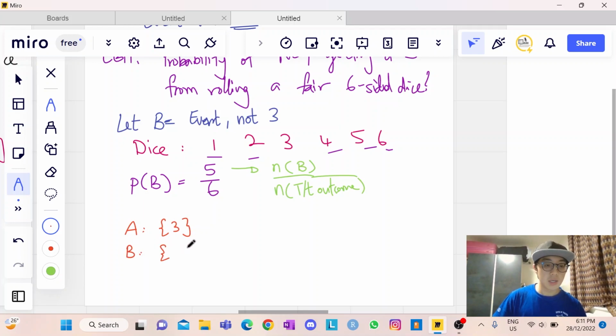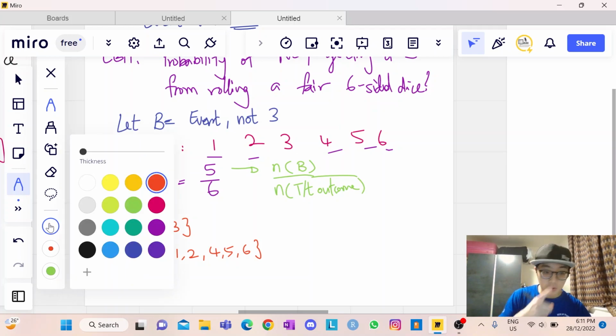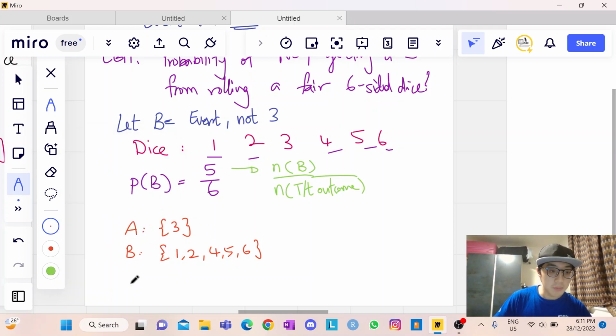However, for B it is everything except 3. All right, so we say B is a complement of A. Therefore, we can denote B as A prime.